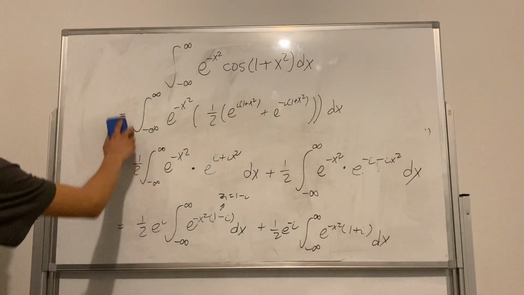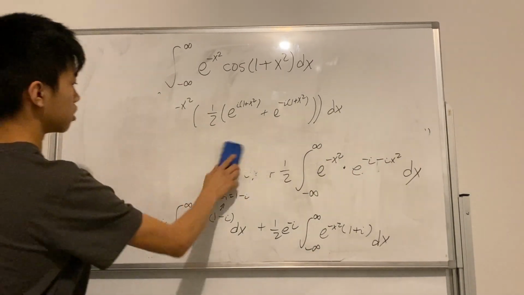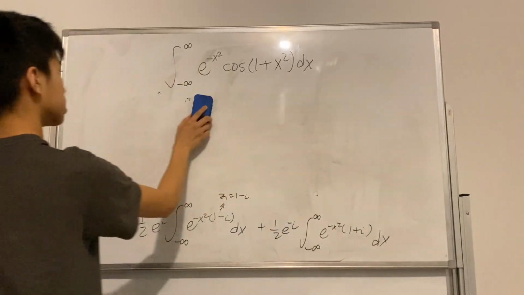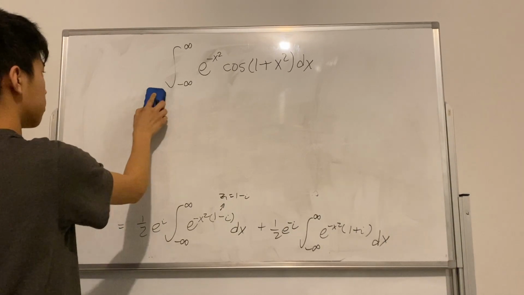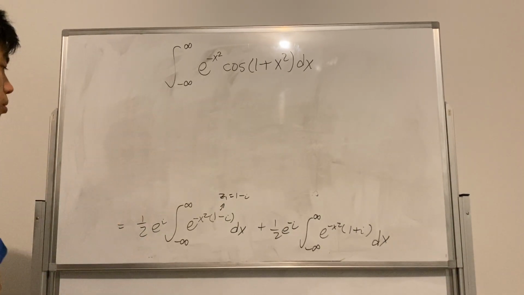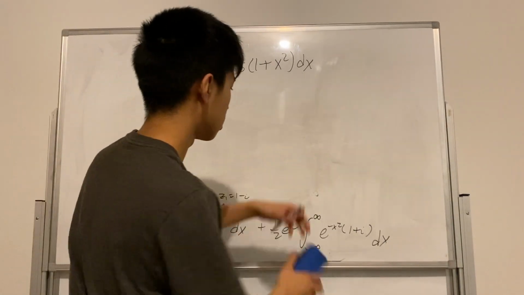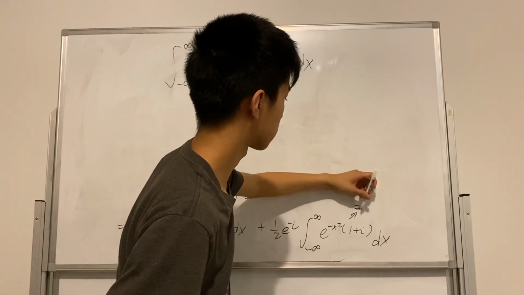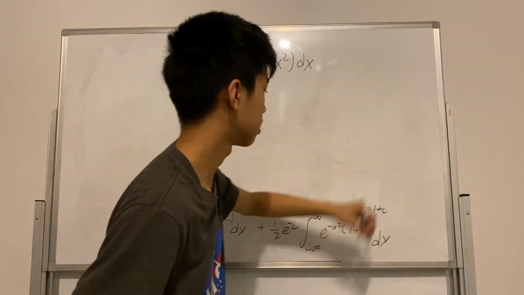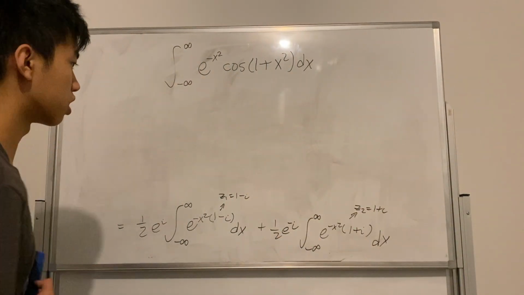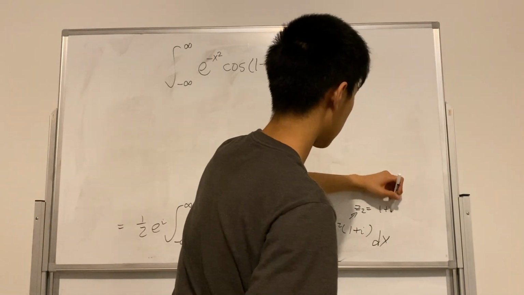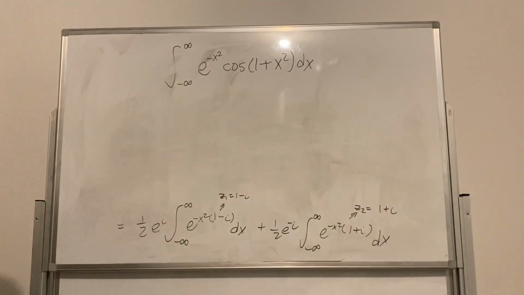Now let me erase these top terms. If you want to go back to some of the work, you can just go back in the video, but I'm going to keep going. Our arbitrary z, number 2, is 1 plus i.